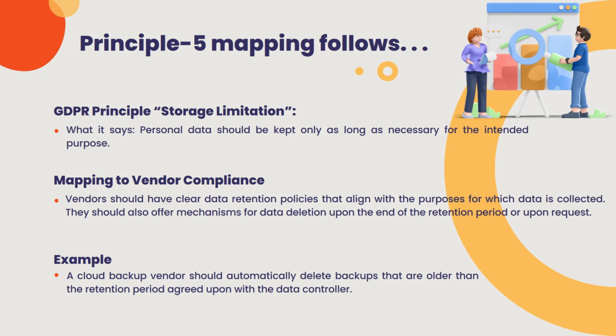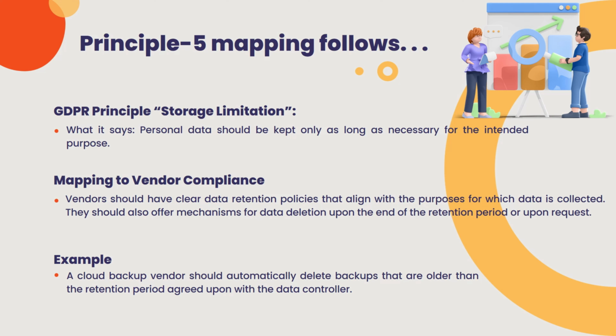They should also offer mechanisms for data deletion, not only retention, data deletion upon the end of the retention period or upon any request raised by the data controller. All right, small example here, a cloud backup vendor should automatically delete backups that are older than the retention period agreed upon with the data controller.